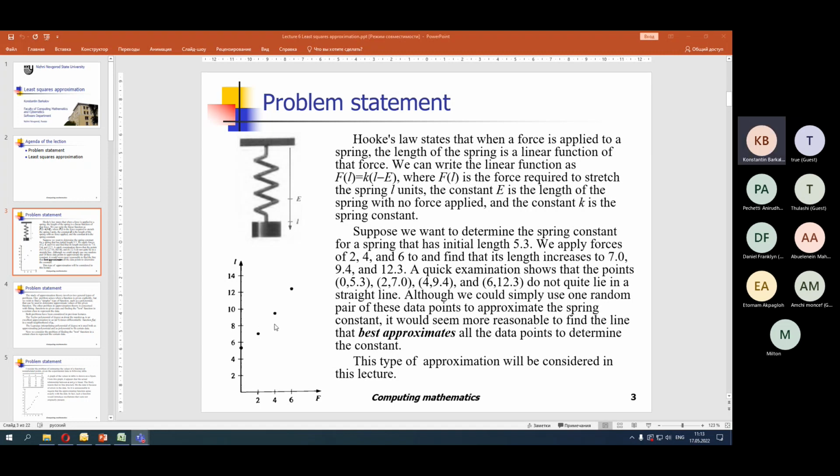There is no such line that passes through all the points. But we are trying to find some line that passes somewhere near all of these points, that approximates these points in some best way.